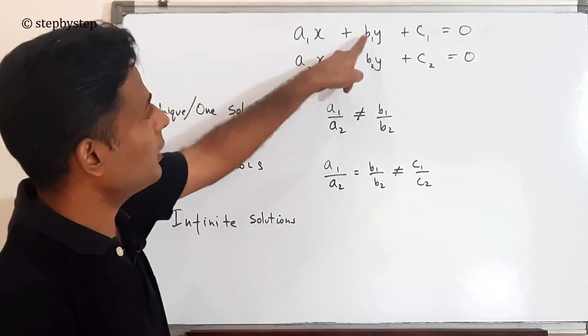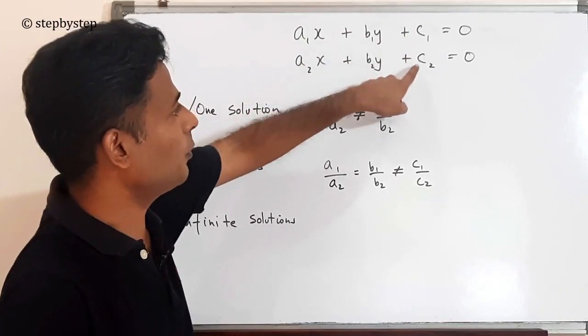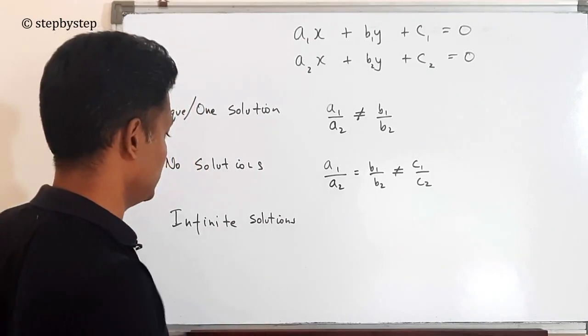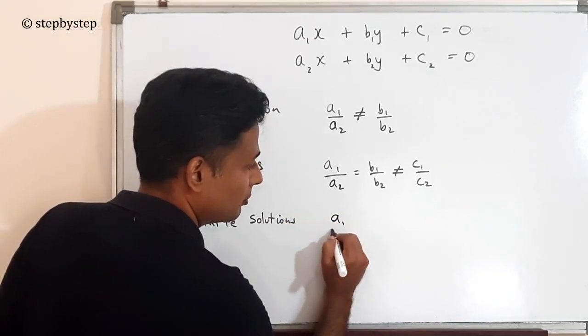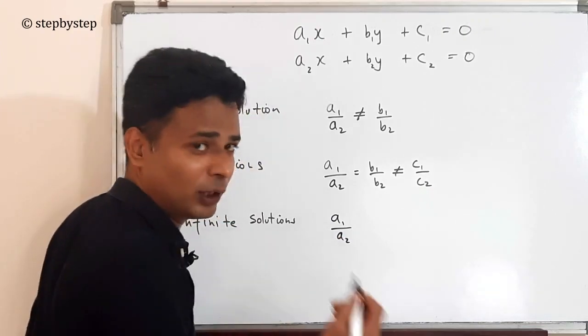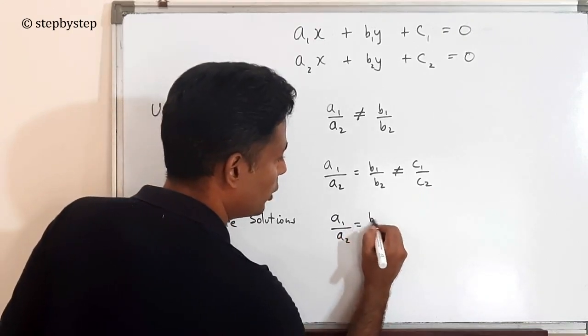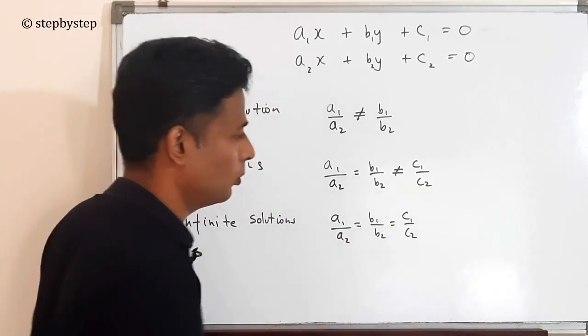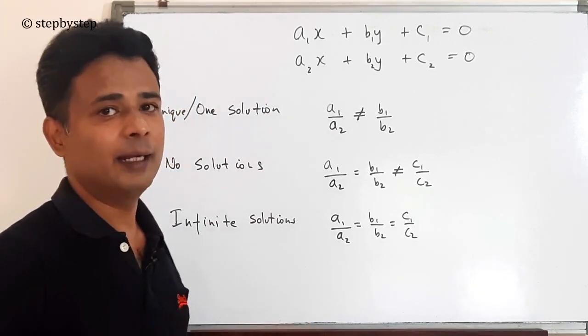So this by this will be equal to this by this, but it will not be equal to this by this, which means there are no solutions. For infinite solutions, very easy, I guess you can already guess it: a1 by a2 equal to b1 by b2 equal to c1 by c2, or these are overlapping lines.